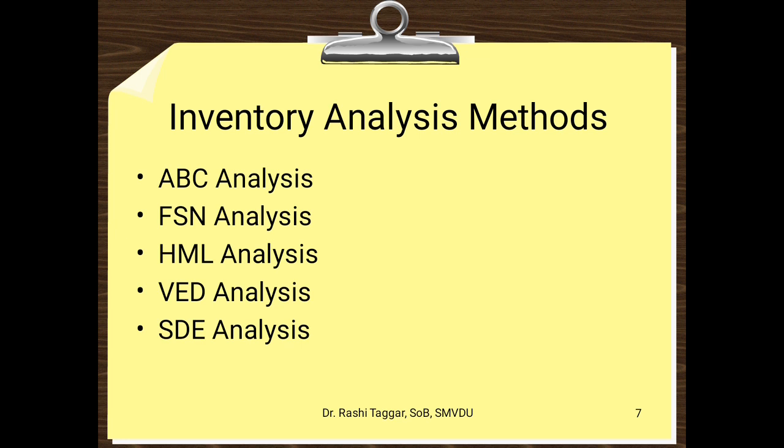FSN analysis, where we categorize the inventories in fast moving, slow moving, or non moving. HML analysis, which categorizes the inventories as high, medium and low demand items.